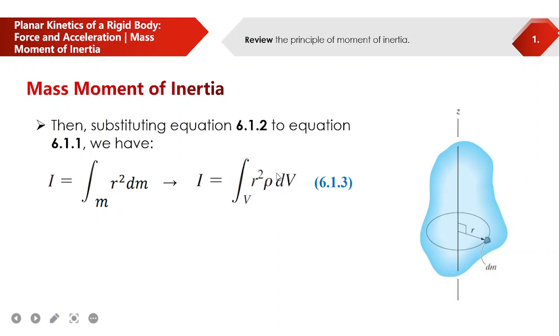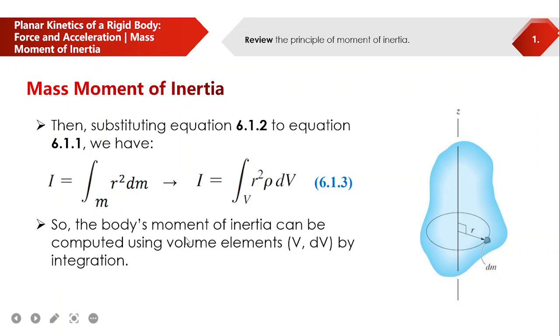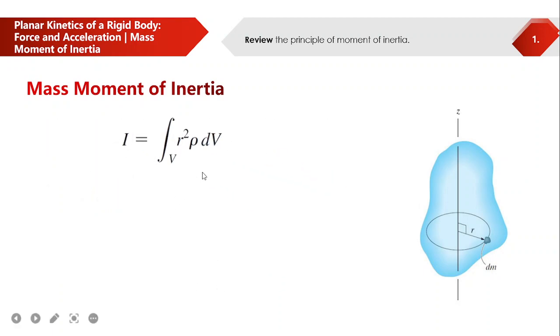This is your differential mass na kinumpute natin in terms ng volume ng body natin. Okay, so the body's moment of inertia can be computed using the volume elements dV by integration. So we can actually compute the mass moment of inertia in terms of volume, given that the density of the body is given.